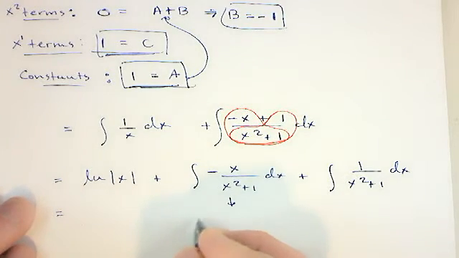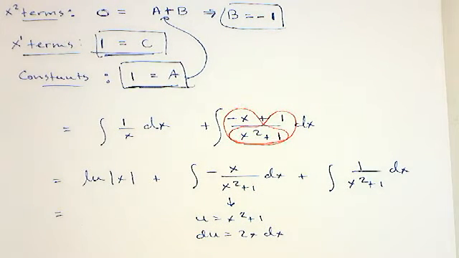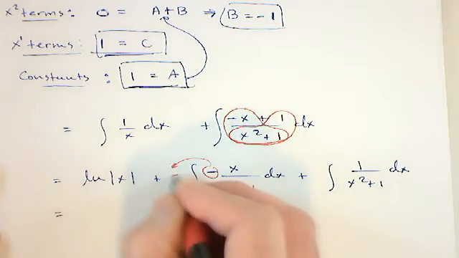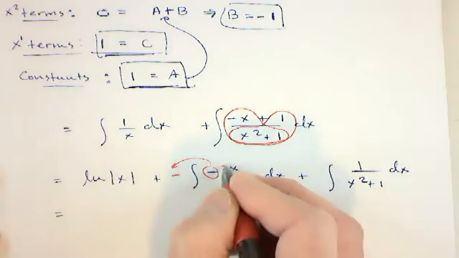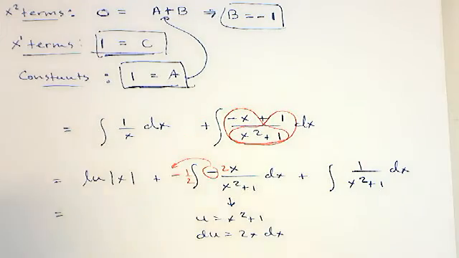This one, hopefully you recognize as a U sub. We could always pull this negative out first and then just wish for a 2, compensate with a 1/2 on the outside.